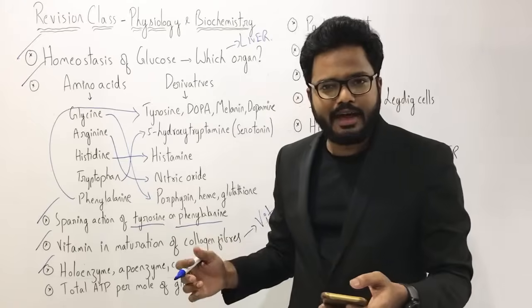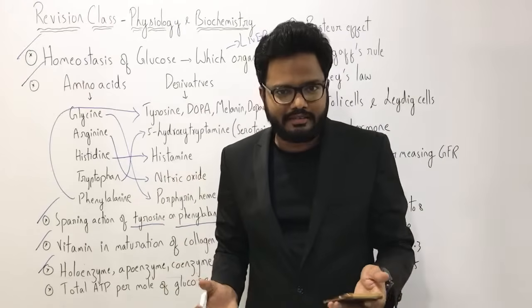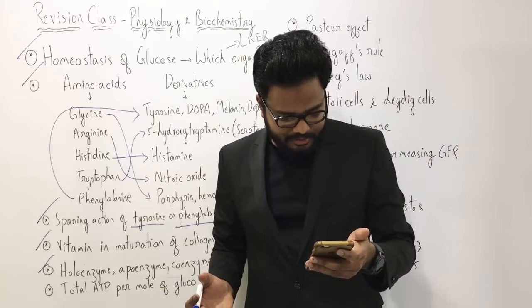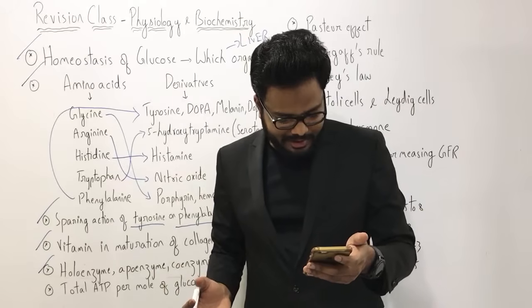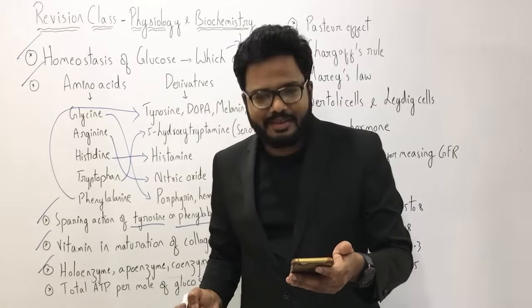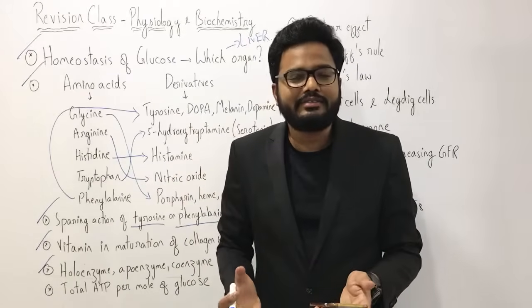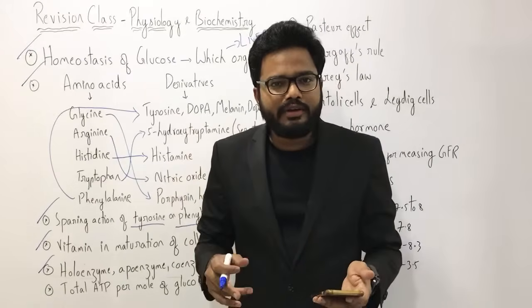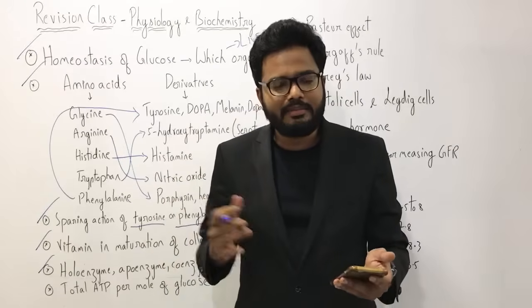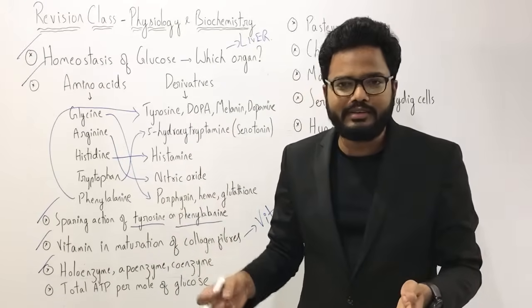Good. So holoenzyme is the functional part of an enzyme. Ramya seems to be giving us a different equation. See, holoenzyme is the functional part of an enzyme which contains apoenzyme and coenzyme, or holoenzyme is equal to apoenzyme plus coenzyme.